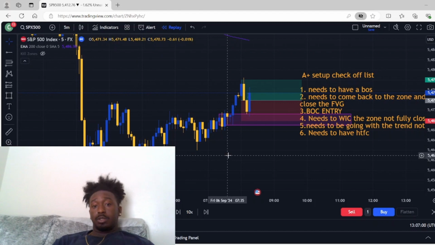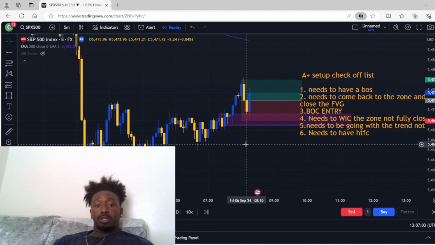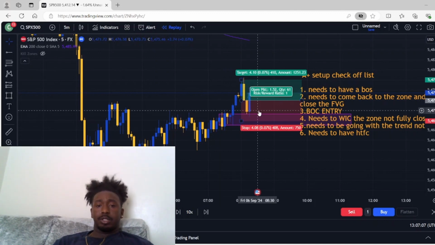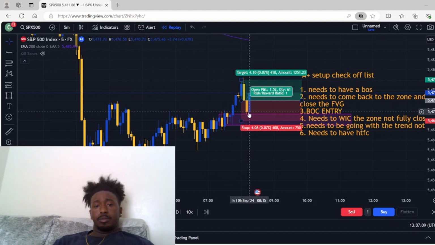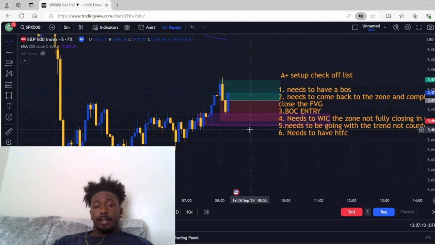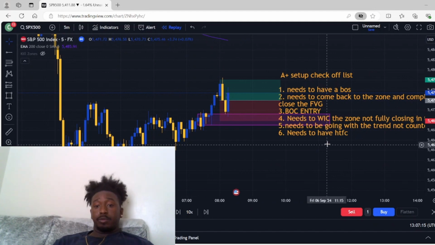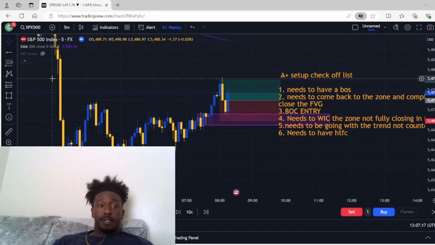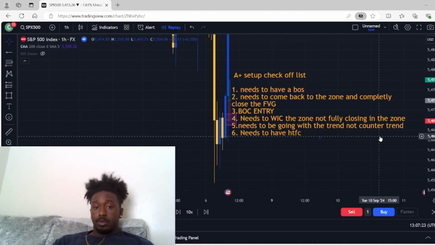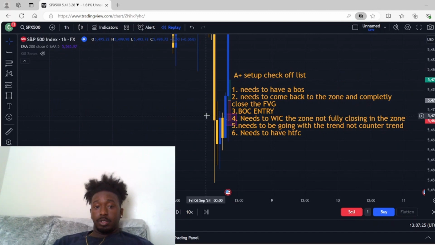So I'm looking for my entry, which is a demand zone. So once I got that initial break candle, wick to the zone, and I had a higher time frame confluence, HTFC, we'll look at the 1 hour. Looking at the 1 hour, we look good, you know what I'm saying?